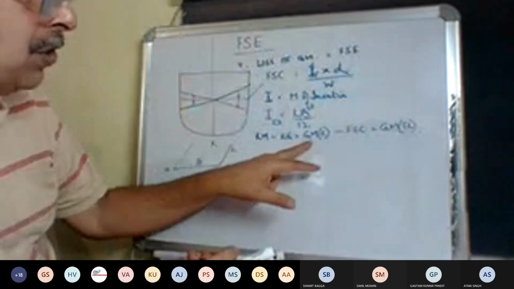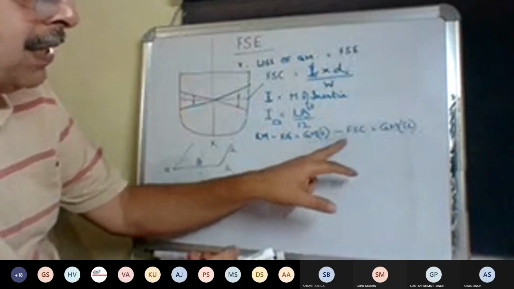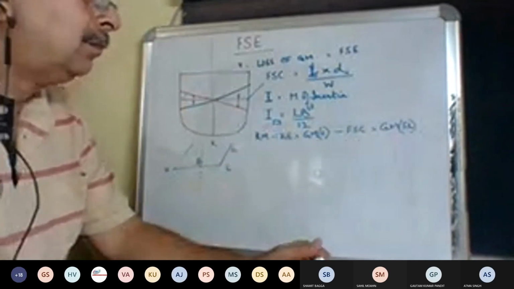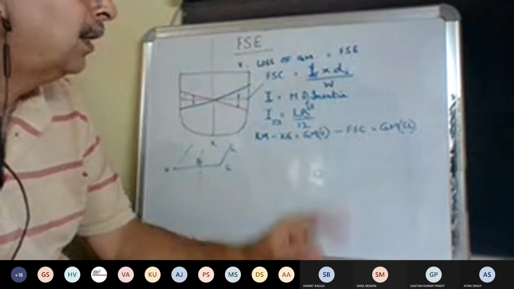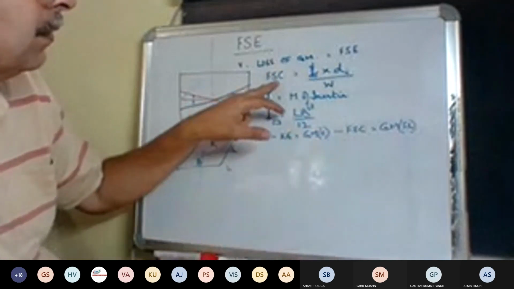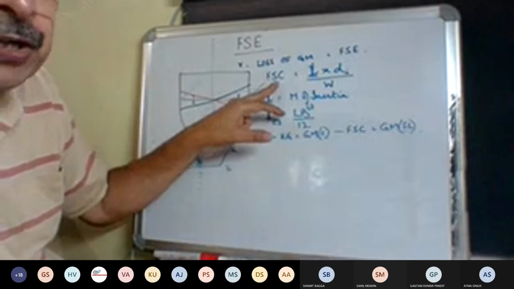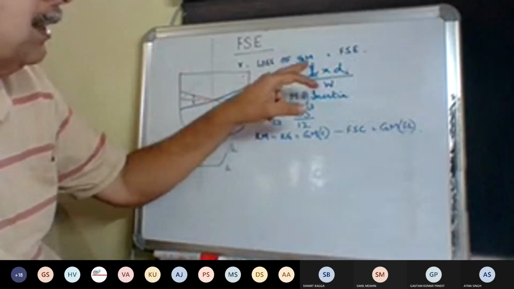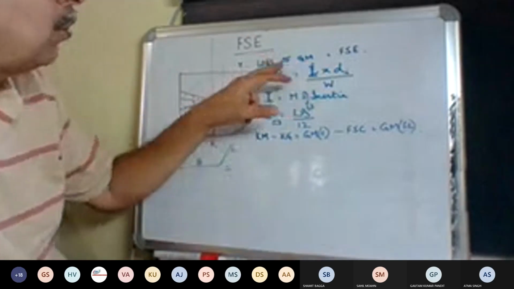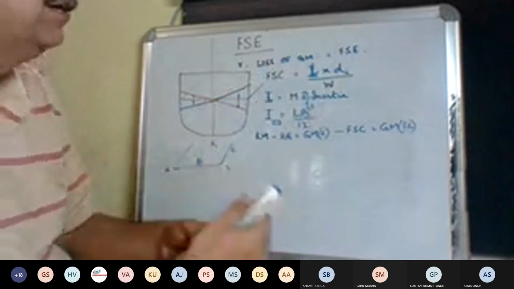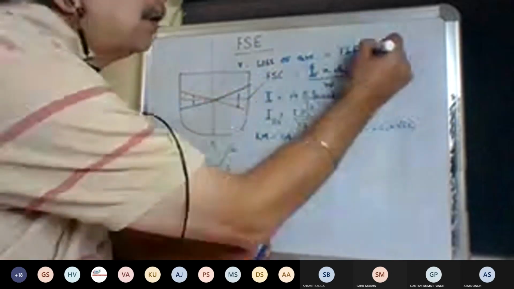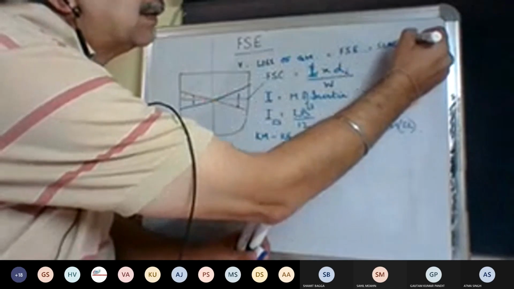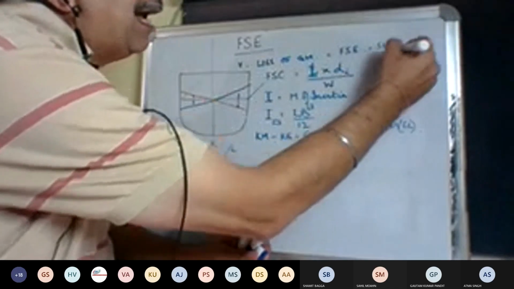KM minus KG gives me GM solid. GM solid minus FSC will give me GM fluid. And this FSC is the free surface correction, the correction due to virtual loss of GM, which is caused by free surface effect, which is a result of a slack liquid tank.